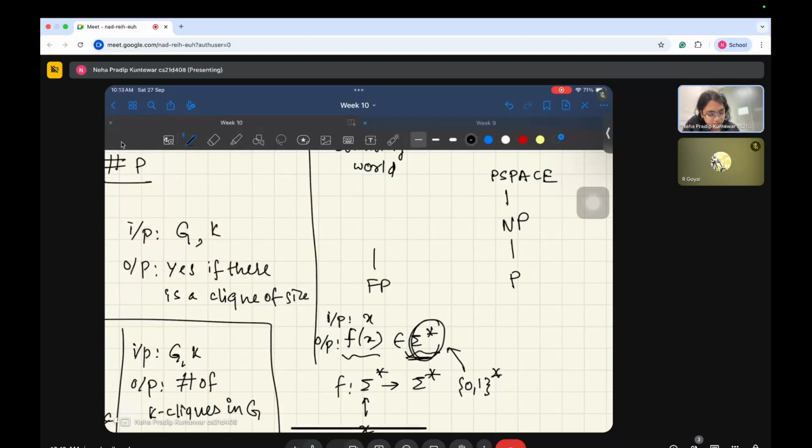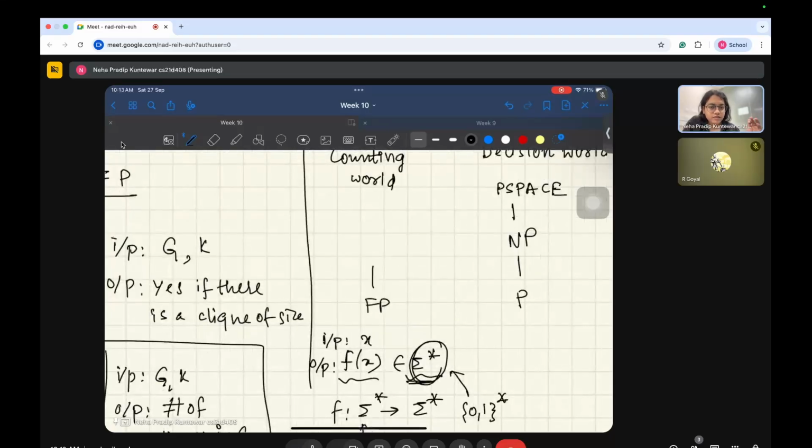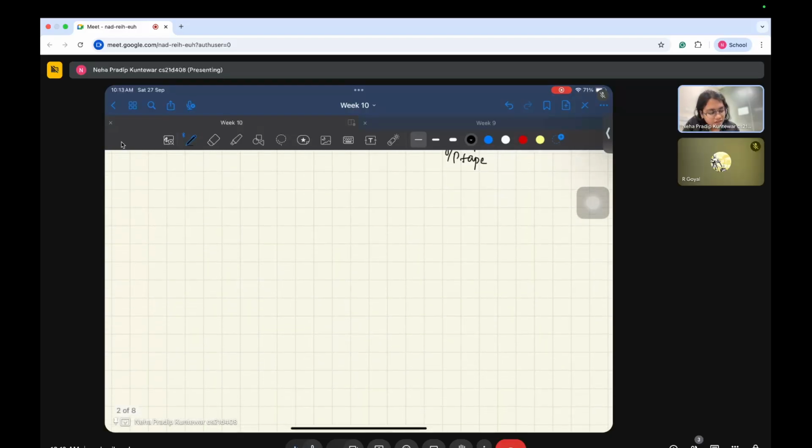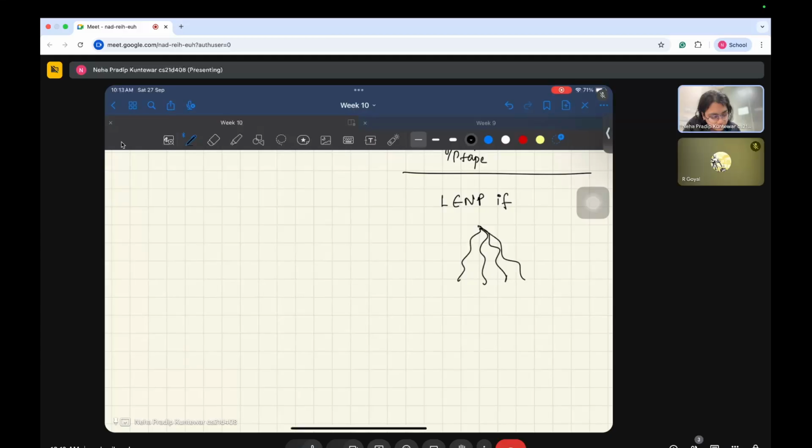So then, the analog that we have for NP here is what is called sharp P, or counting P. And how do we define that? Notice that we say that a language is in NP if in the computation tree there is at least one accepting path.